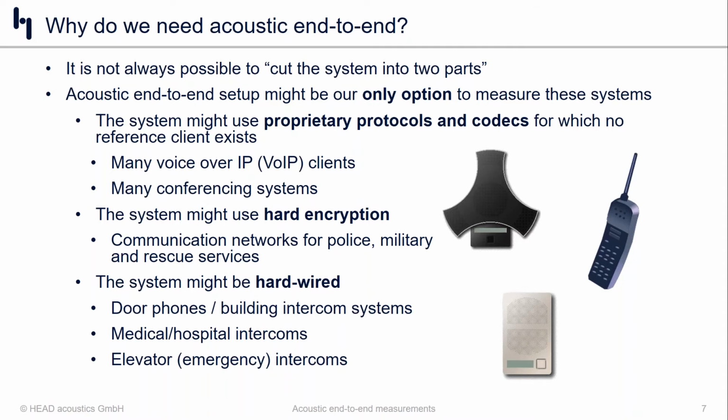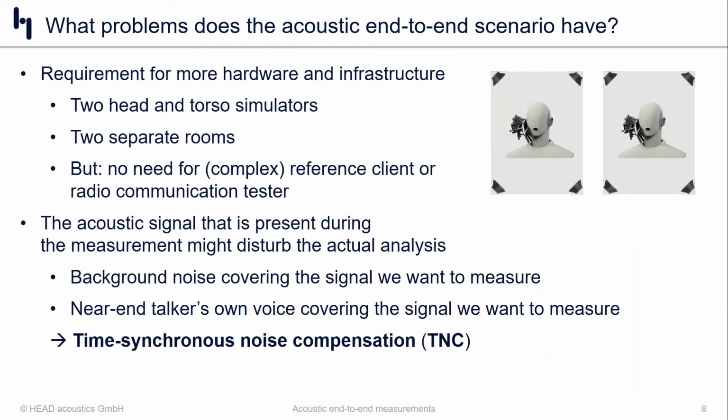and two chambers. And that nicely dovetails into this next slide, because the main challenge regarding acoustic end-to-end testing is going to be that we require two head and torso simulators, one on either end, to interact with each of the devices. We need two devices, and of course we need two separate rooms, because we don't want the two sides of the phone call, as it were, to be disturbing each other from an acoustic standpoint.